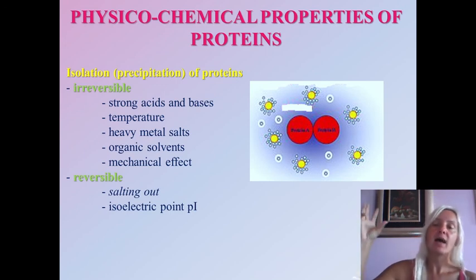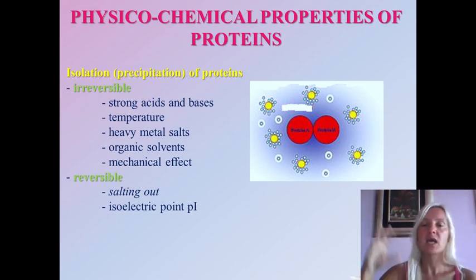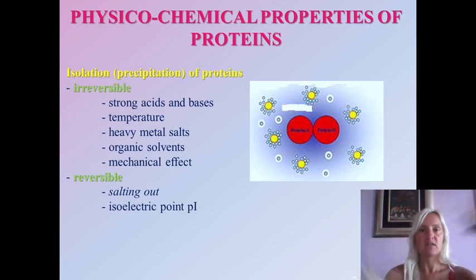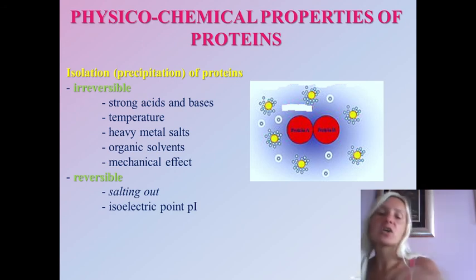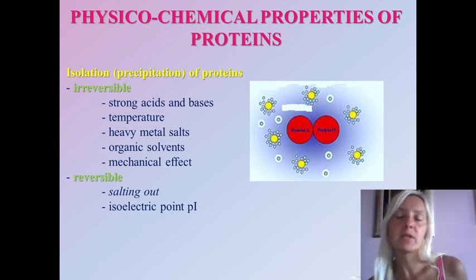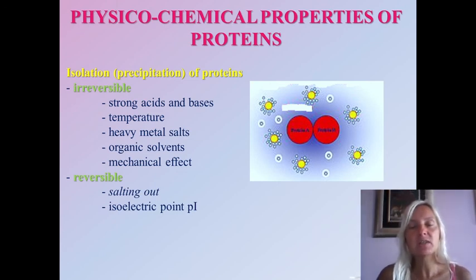But if you add a huge concentration of those, the ionic strength of those small ions is much higher than that of the protein, whose charges are widespread over a huge volume. So the competition starts, and salt ions are winning.